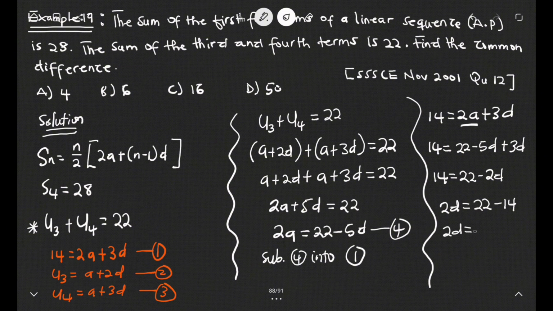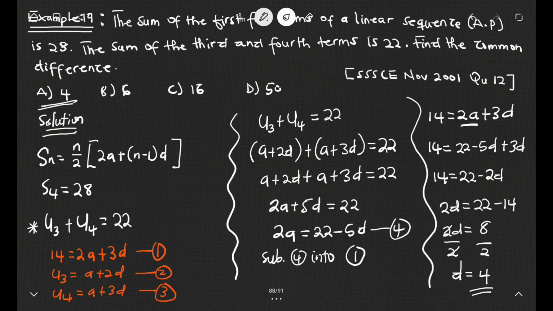So I have 2d is equal to 22 minus 14 will give me 8. So I divide both sides by 2 to make d stand alone, and so therefore my value for d is 8 over 2, which is equal to 4. So therefore my correct option here is option A, which is 4.